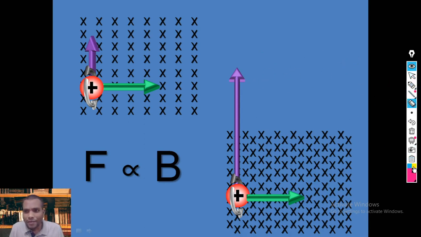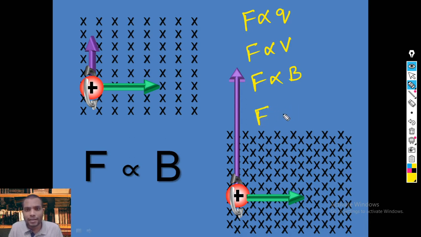So the force depends on three factors: force is directly proportional to the magnitude of charge, force is directly proportional to the velocity of the charge, and force is directly proportional to the strength of the magnetic field. Combining these, we can write that force is directly proportional to QVB.